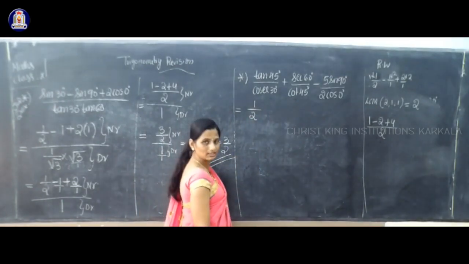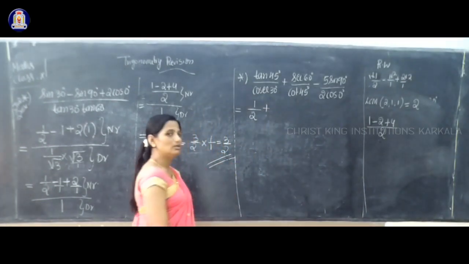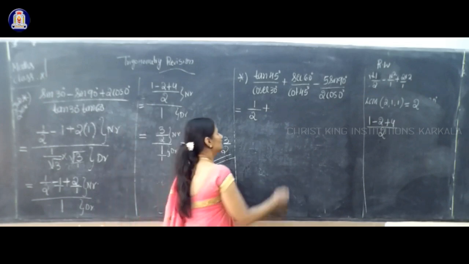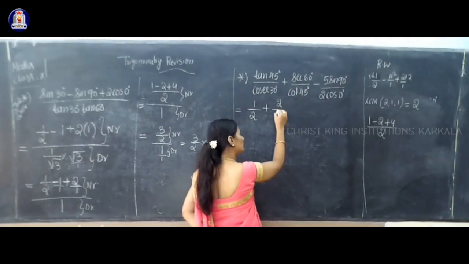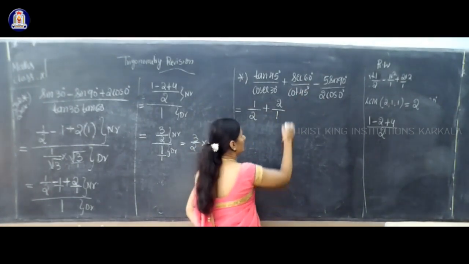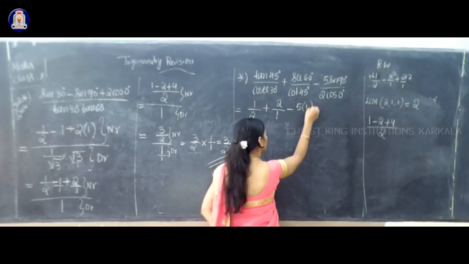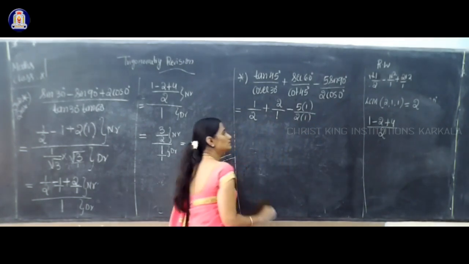Cos 60 is 1 by 2, so secant 60 is 2. Cot 45 is 1. Minus 5 into sin 90 is 1, divided by 2 into cos 0 is 1.